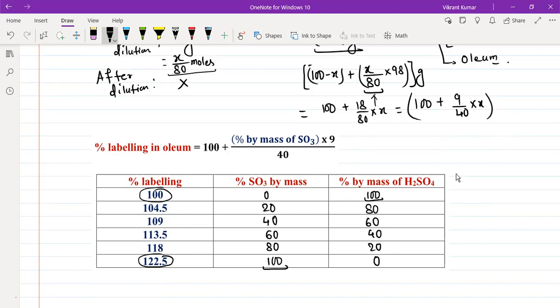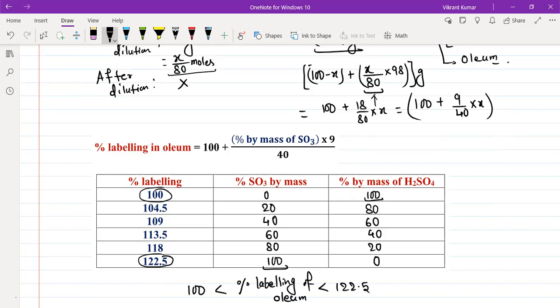And any practically available sample of oleum will have in between 0 to 100% by mass of SO3 present again, है ना? तो percentage leveling of oleum cannot have value less than 100. It cannot have value more than 122.5.